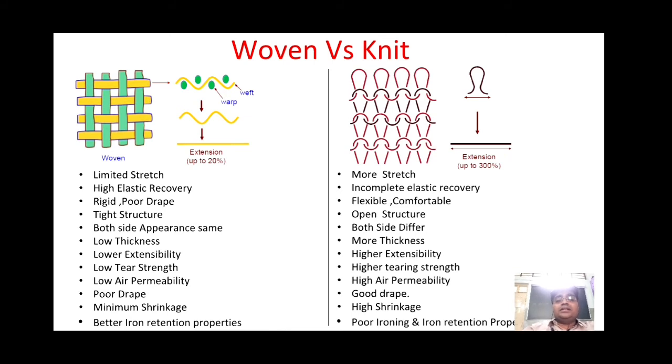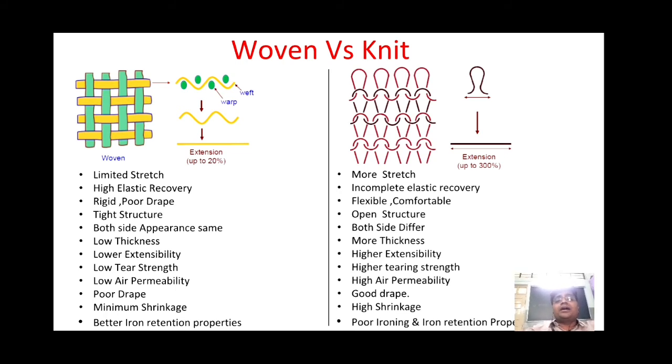But in the knitted fabric, there is more stretch. In a similar way, if you hold the knitted fabric and apply some force in the widthway direction, you will feel that the total stretch is very much higher compared to the woven fabric.